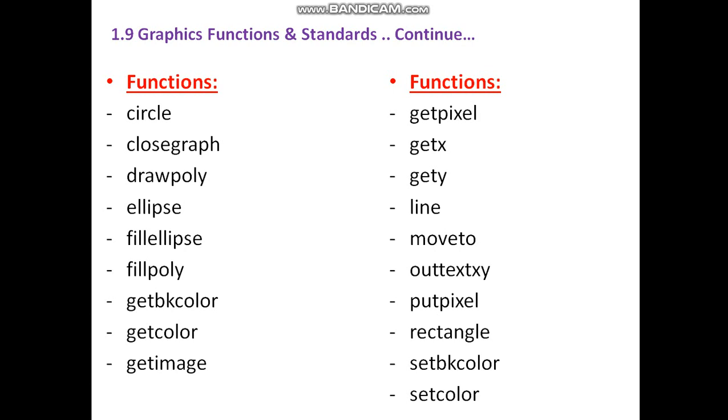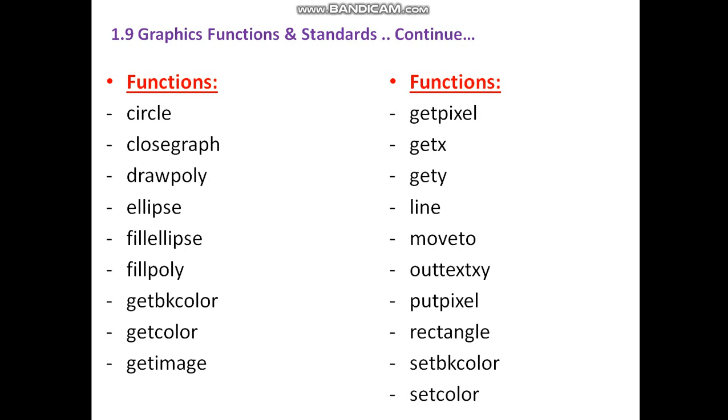Then line. The line function is used to draw a line from point x1, y1 to point x2, y2. That is, x1, y1 and x2, y2 are the end points of the line, and the syntax is void line, and the parameters are int x1, int y1, int x2 and int y2.